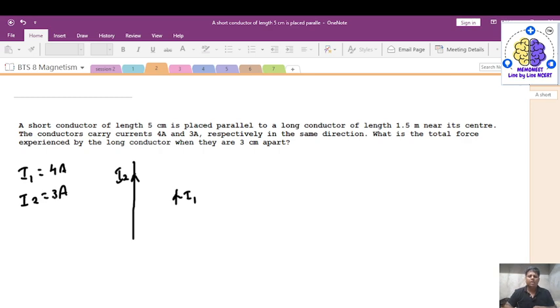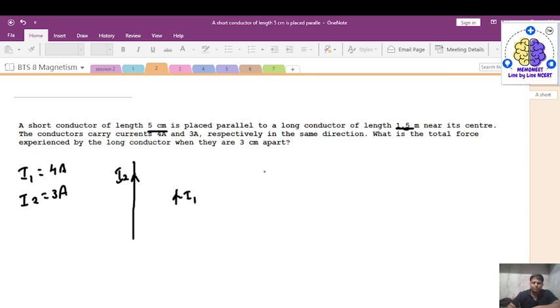The long conductor is 1.5 meters and the short conductor is 5 centimeters. So we can easily see that 5 centimeters is very small in comparison to 1.5 meters. So in comparison to the short conductor, we can say that the long conductor is of infinite length.